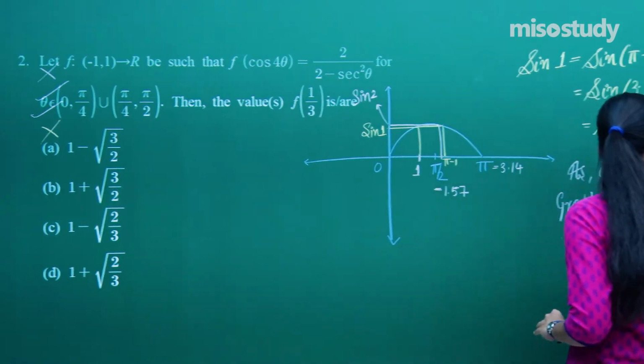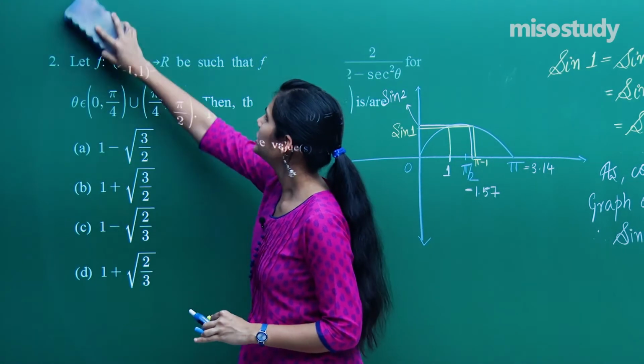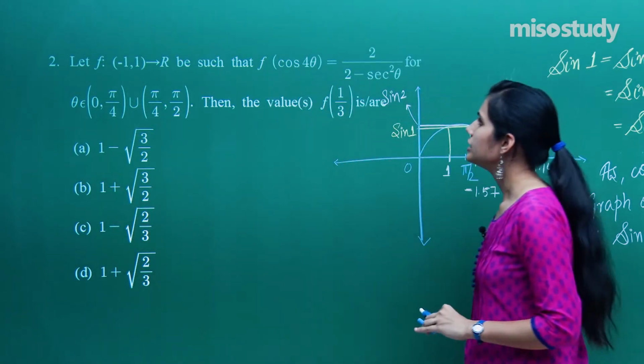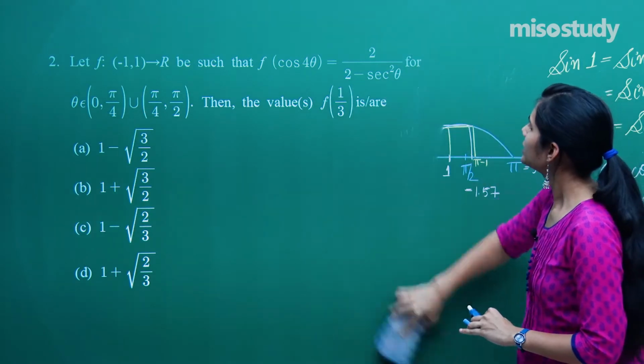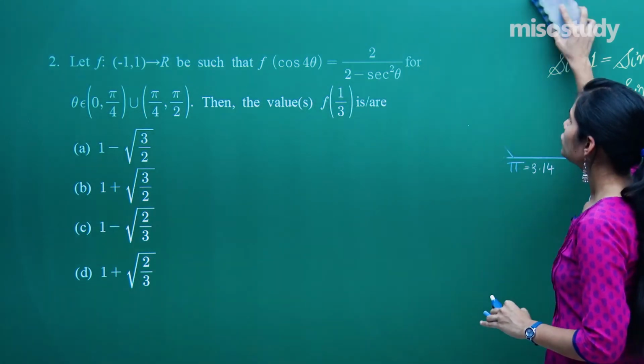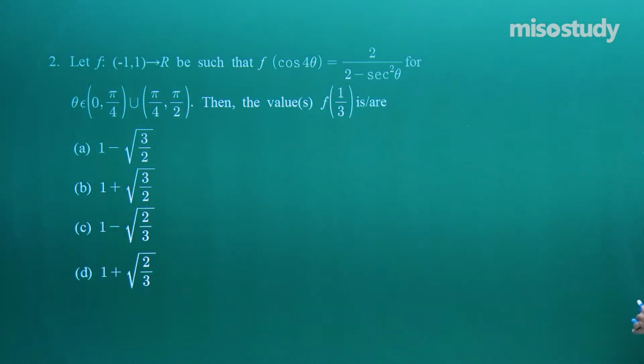Okay, so the function given to me over here is from the open interval -1, 1 to the collection of all reals such that f of cos 4 theta is equal to 2 upon 2 minus sec square theta for theta belonging to a certain domain of points.